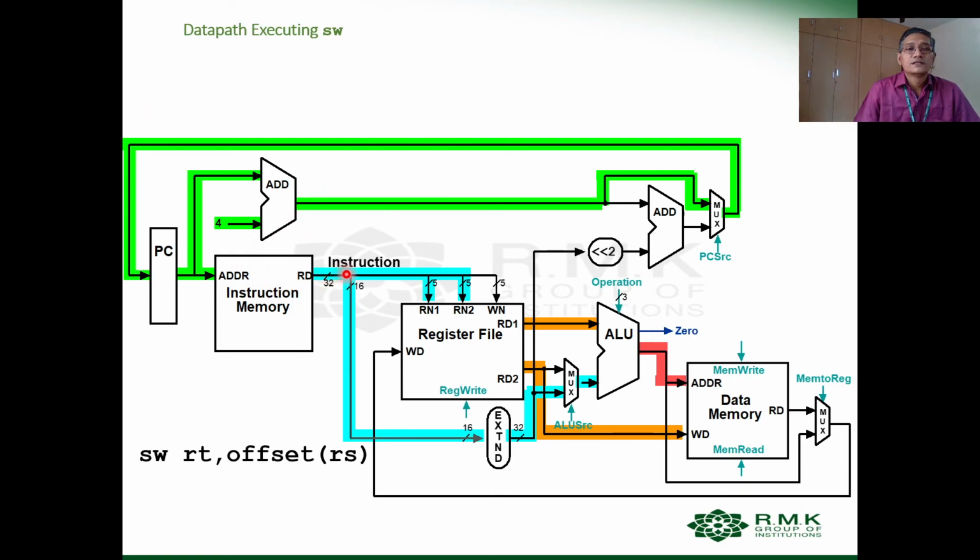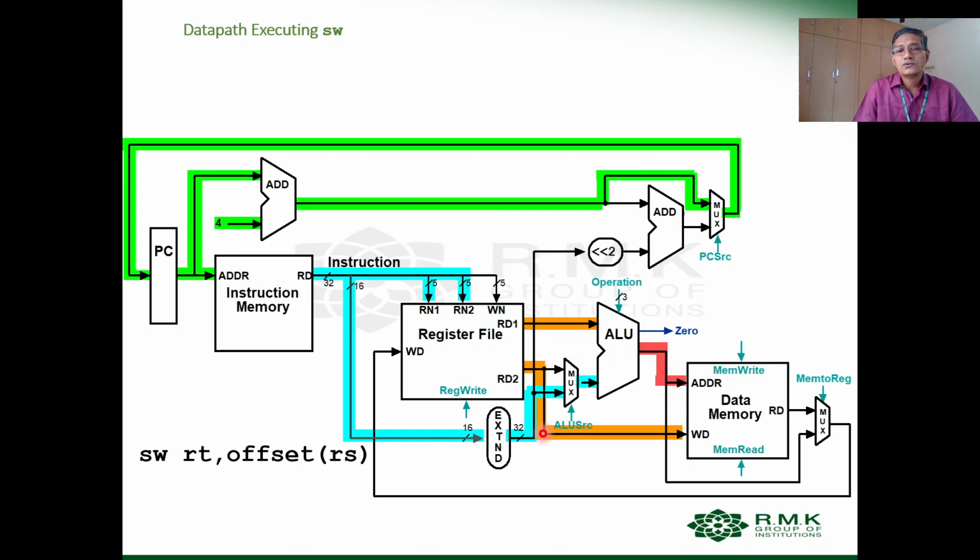Next, the 32-bit instruction is fetched and the 16-bit offset is given to the sign extension unit for converting into 32-bit. The RT field, that is the base address value, is taken and given to one input of the ALU, and this base address is added with the offset to get the exact memory location, highlighted in this light red color.